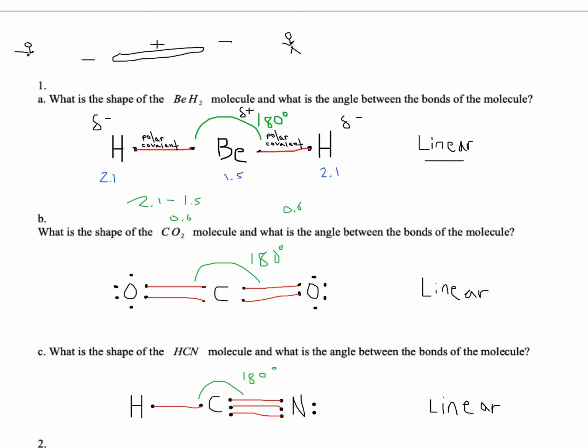If it is very different on one side versus the other, then you'd have what's called a polar molecule. But here we see that this person is standing near a negative, and this person is also standing near a negative. So there's actually symmetry to that. And it's not going to be any different if you're standing on one side versus the other. For this reason, we're going to say that the overall molecule is nonpolar.